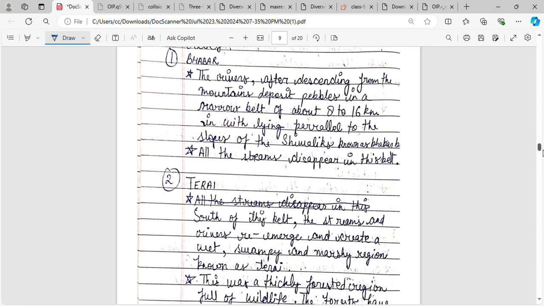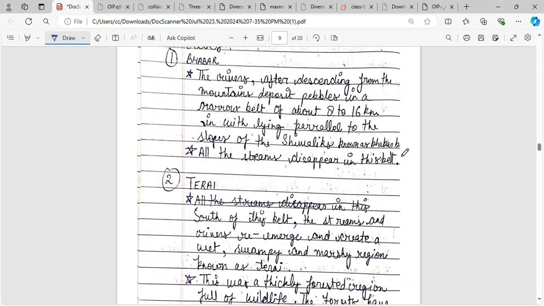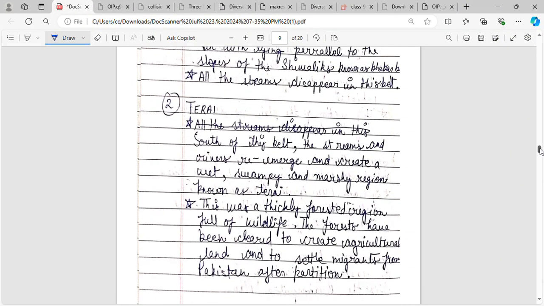All streams disappear in this belt. So when these rivers deposit the pebbles in that area, all these streams disappear in this belt.